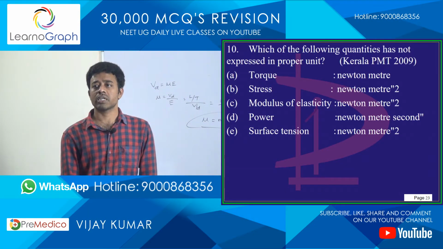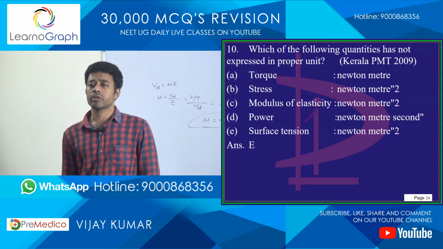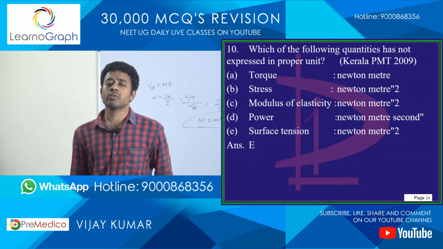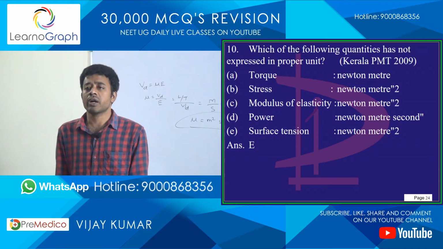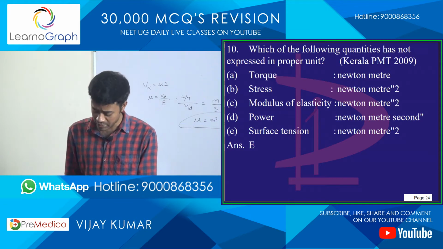Next we have problem number 10. Which of the following quantities has not been expressed in proper units? The first option is torque. Here we know that torque equal to R into F. R means the distance or the radius.